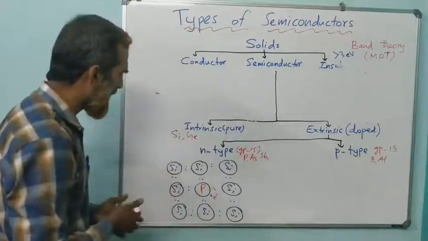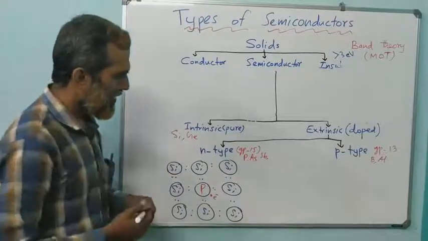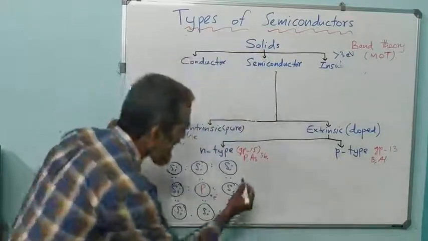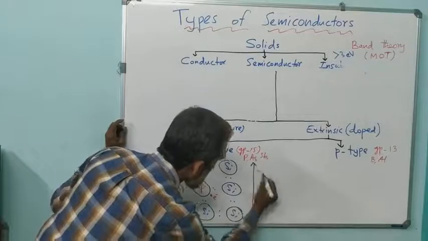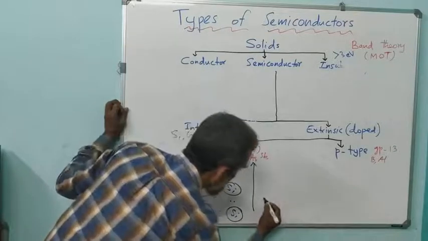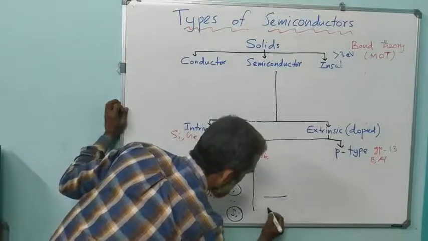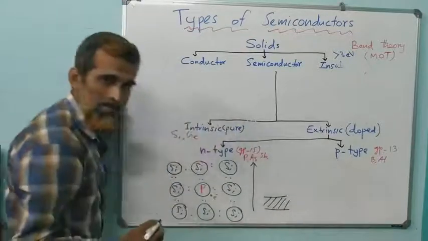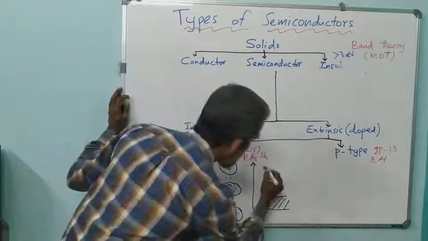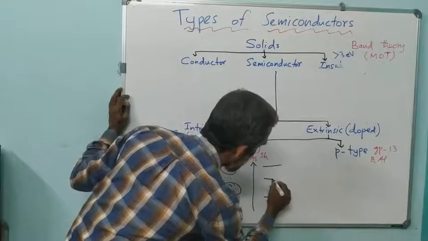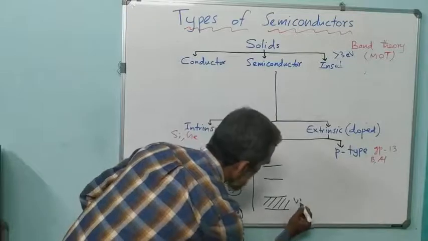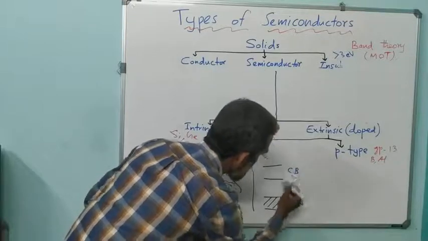Now this phenomenon can be explained according to the band model. How we explain it is like this. We know there is a filled valence band and an empty conduction band, and there is a small energy gap. This is the valence band, this is the conduction band, and this is the energy gap.